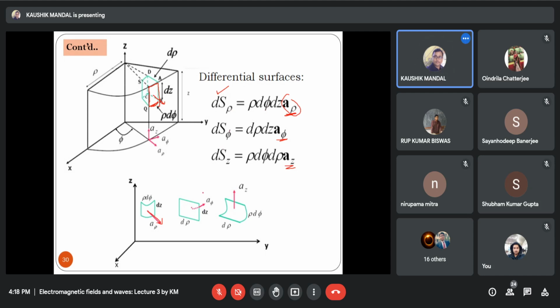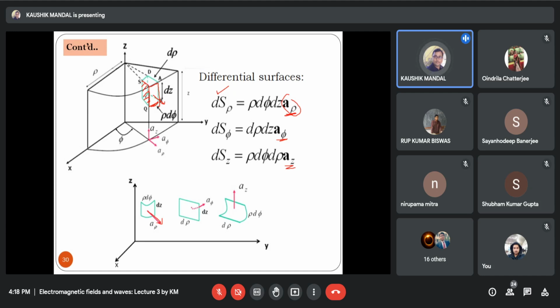Similarly, ds phi means dz into d rho. So we can say that for this particular surface, this arm length is d rho.